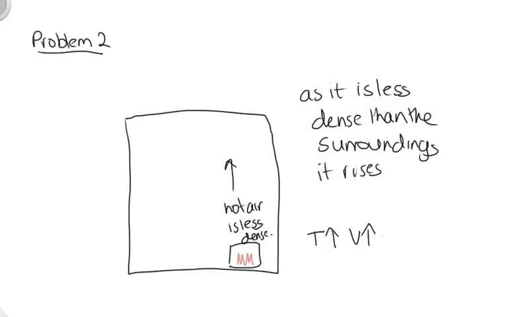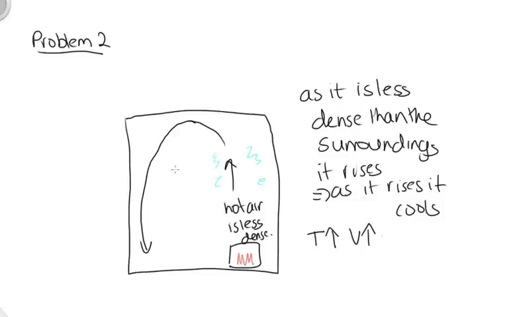Now as it rises, it comes into contact with cooler air around it, and so that causes the air to cool down. So as it rises, it cools, and so when it hits the roof, it's at equilibrium with the surrounding air, and so it's cooled down, and so it's more dense, and so it sinks back down to the ground.